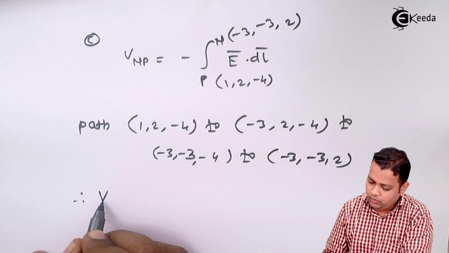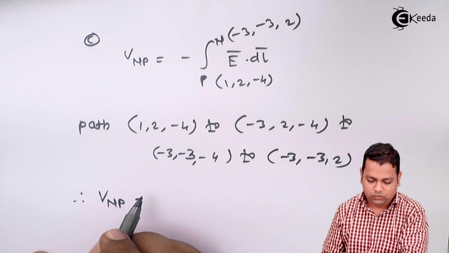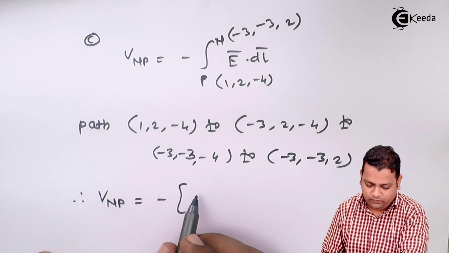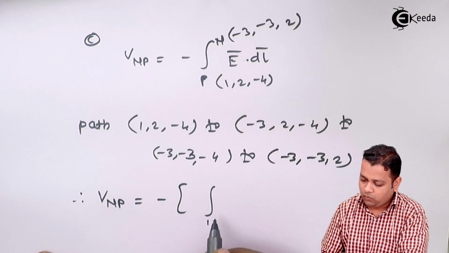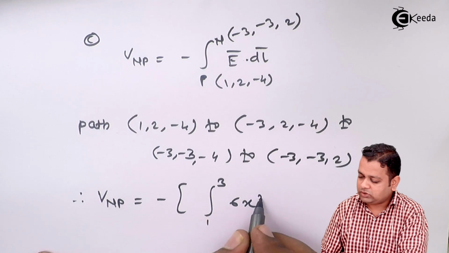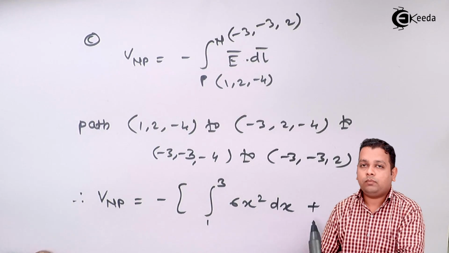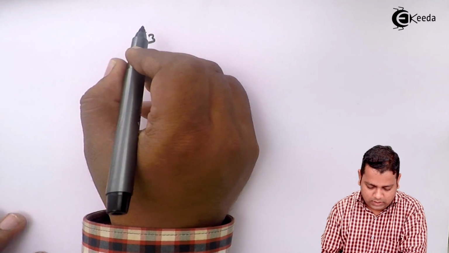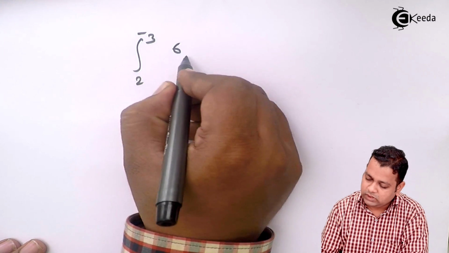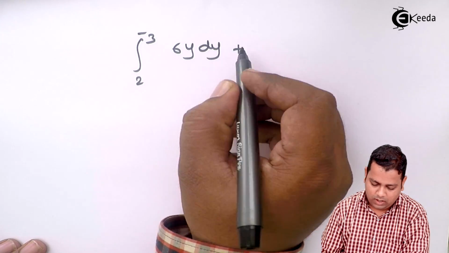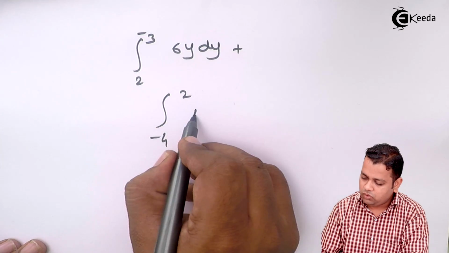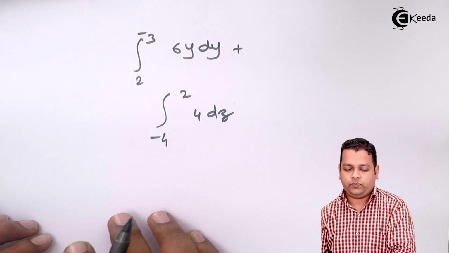Therefore, we make VNP is equal to minus in bracket integral 1 to minus 3 6x square dx, plus the second term will be integral 2 to minus 3 6y dy, and the third term will be integral minus 4 to 2 4 dz.